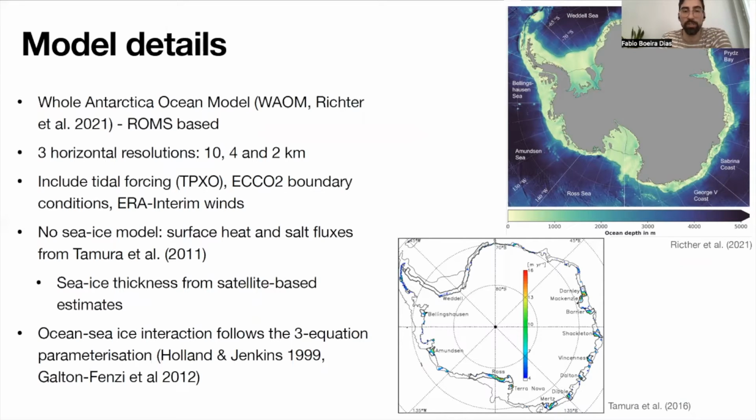It is forced with surface heat and salt fluxes estimated from sea ice thickness based on satellite observations. There is this Tamura product, and that is actually a good strength of the model because it represents pretty well the locations and the fluxes associated with the coastal polynyas and therefore High Salinity Shelf Water formation.